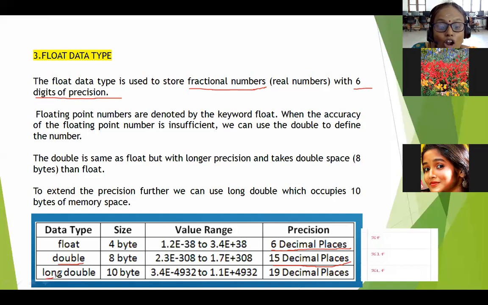Long double, 19 decimal places. For the float data type, the format specifiers are percentage f, percentage small lf and percentage capital lf. Float percentage f. You all understand: integer percentage d, character percentage c, and float percentage f. If it is a double, percentage lf.